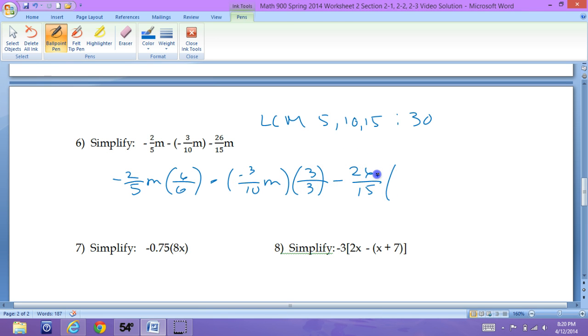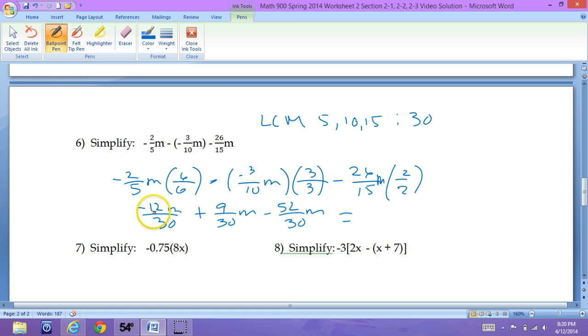Let me put the m there, and then this is 2 over 2. So now we have negative 12m over 30. Then we have a subtraction and a negative, which makes it addition. We have 9 over 30m. And then we have a negative 52m over 30. Okay?